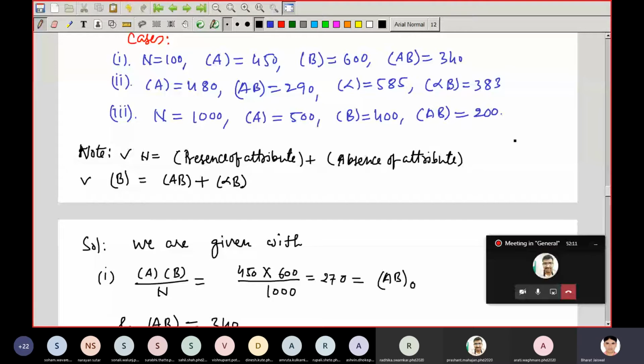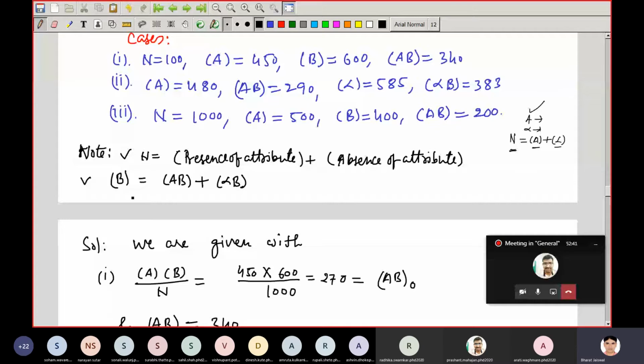Suppose in a certain question the frequency is given and there are two attributes, A that is presence of the attribute and alpha that is absence of the attribute. Then capital N will be, there will be two classes. This attribute is one but we have created two classes, so presence plus absence is equal to the total frequency of any attribute.